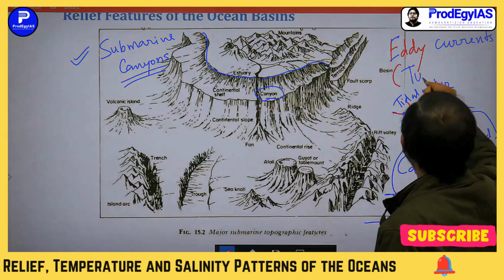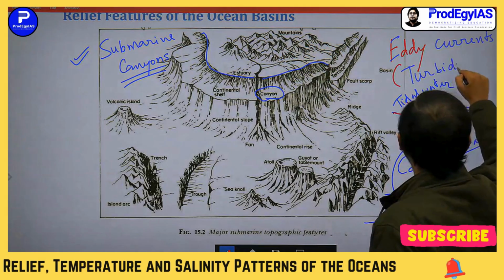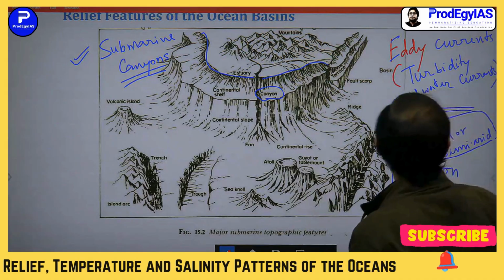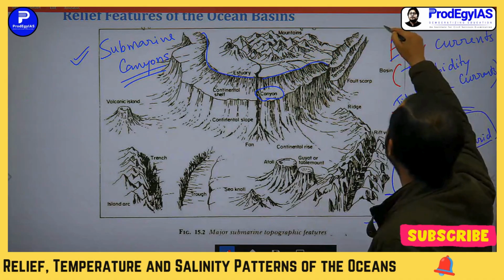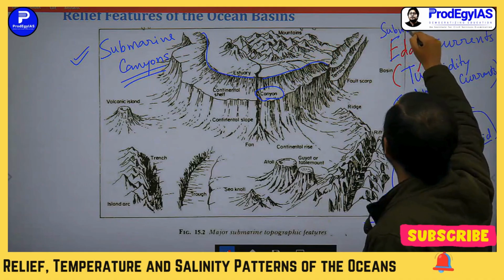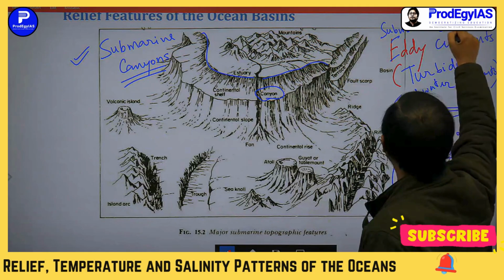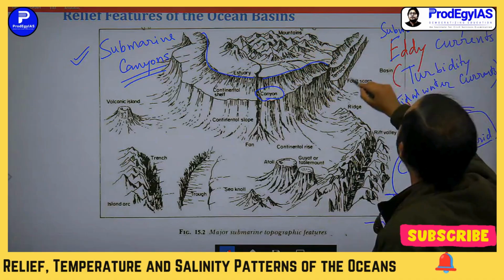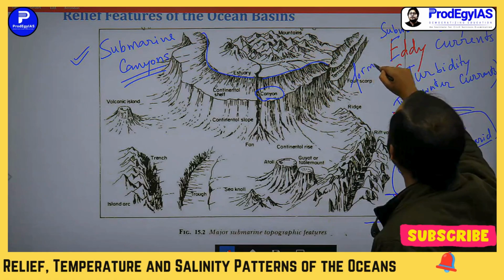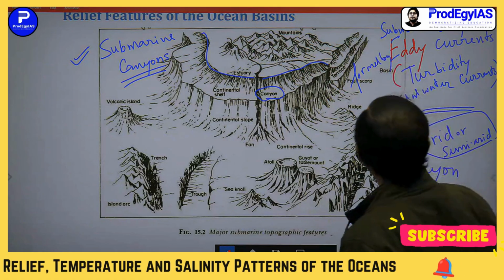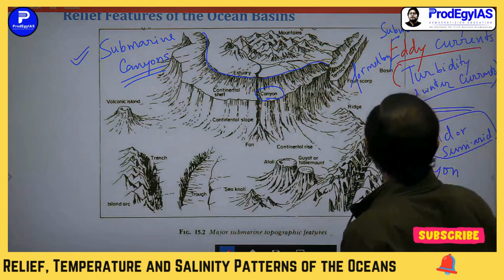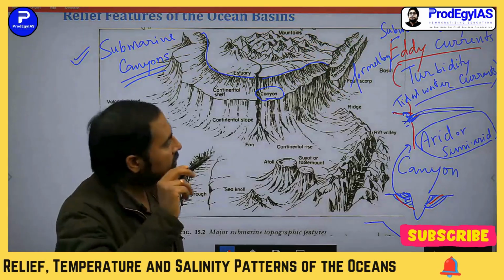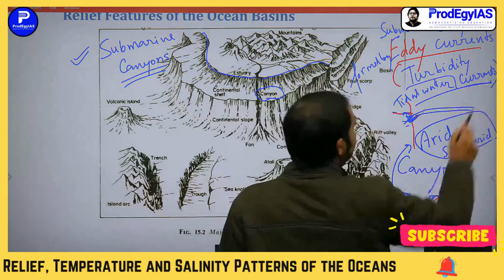They are also known as turbidity currents. These submarine canyons are formed by eddy currents or turbidity currents, turbid waters.